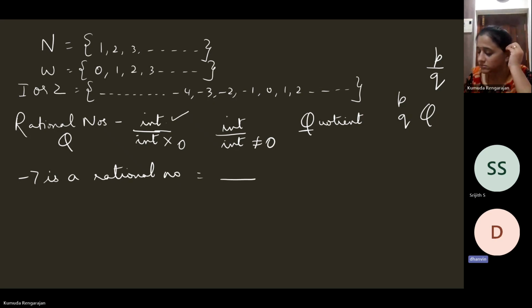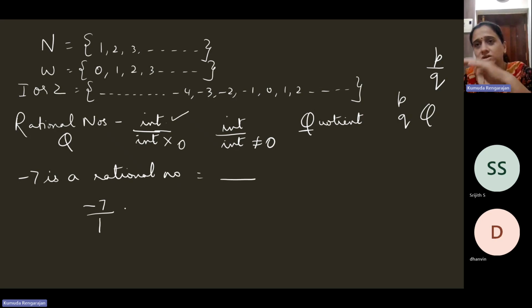Why? Ma'am, because they are not looking like a rational number. It doesn't look like integer by integer, right? Yes, ma'am. Okay. So can we write -7 as -7 by 1? Yes, we can write -7 as -7 by 1.